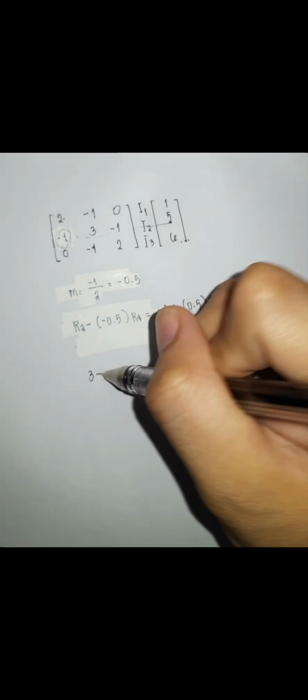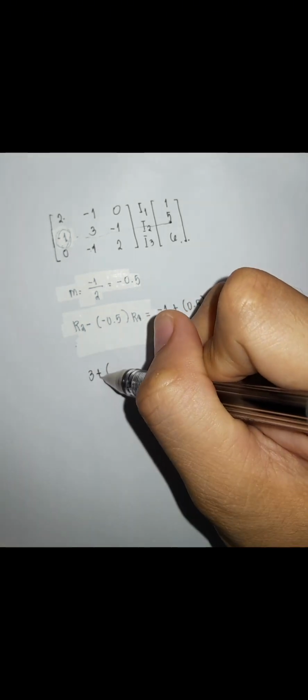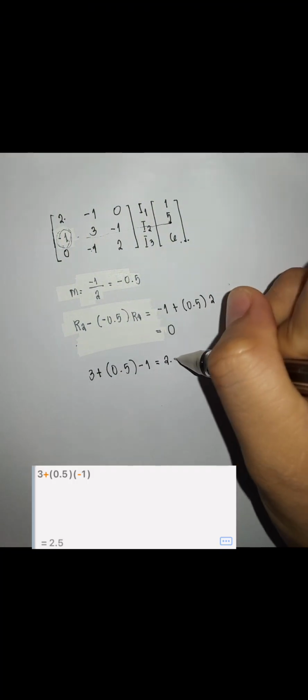So when we change this row, the entire row will also be affected. So 3 plus 0.5 is equal to 2.5.